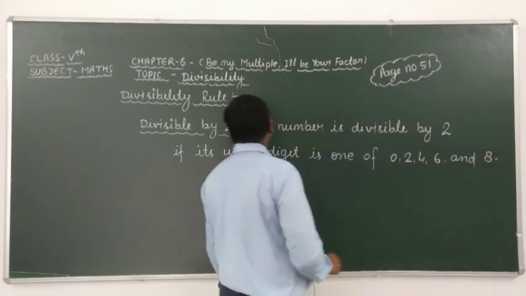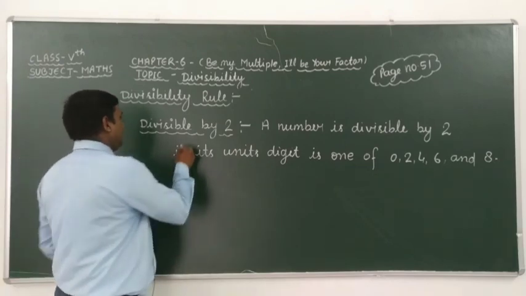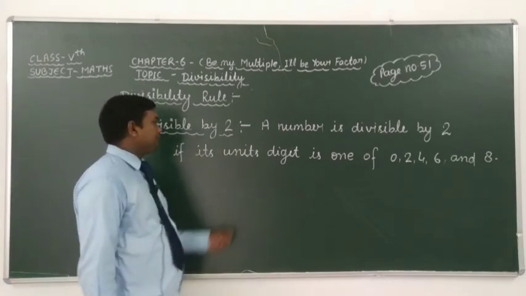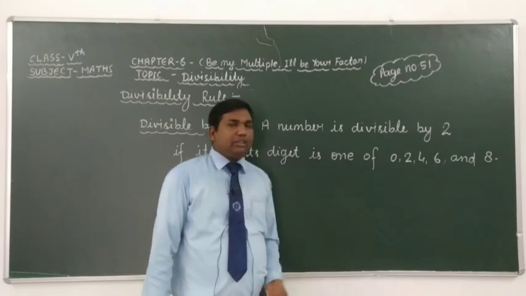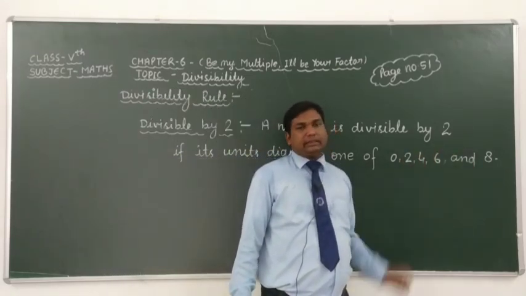Okay, students? A number is divisible by 2 if its unit digit is one of 0, 2, 4, 6 and 8.